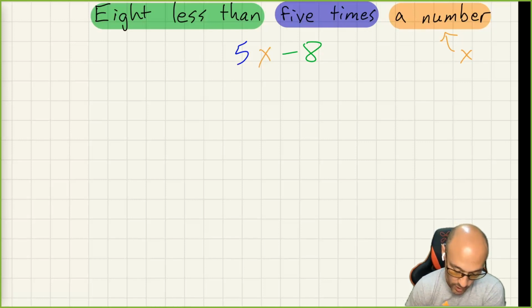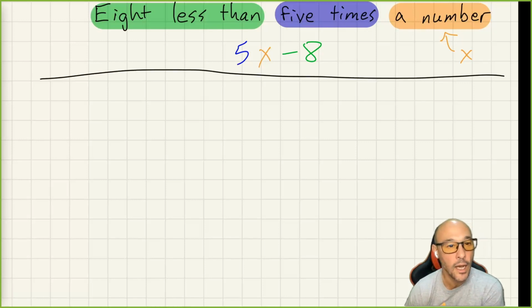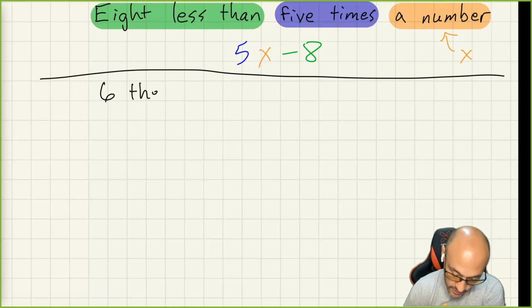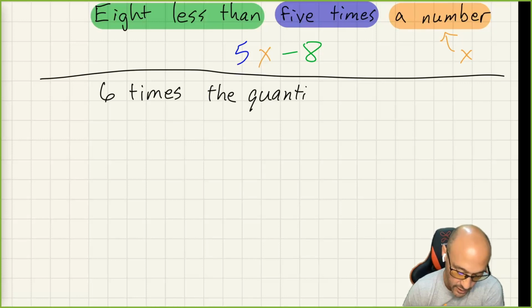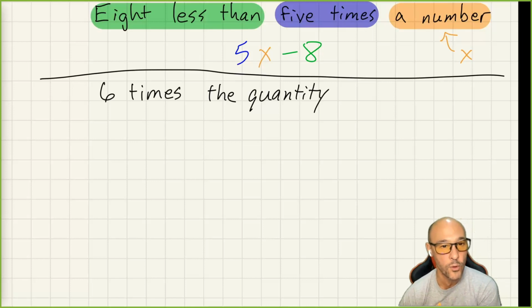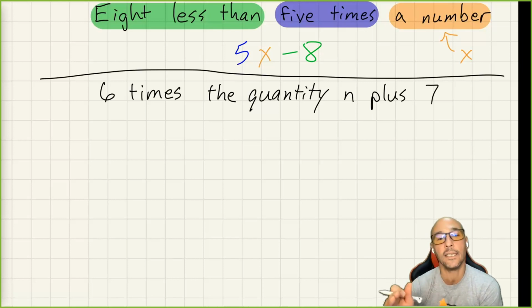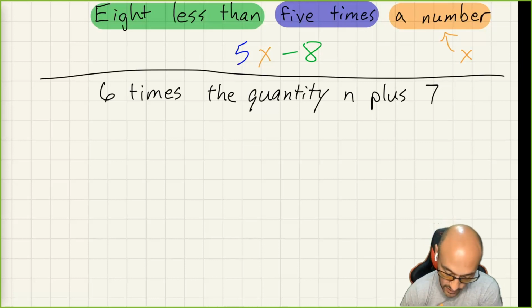All right, you might see questions that look like 6 times the quantity n plus 7, and you'll hear me say the quantity quite often when I'm doing math work. The quantity tells us that there are parentheses involved. That's how we read parentheses.